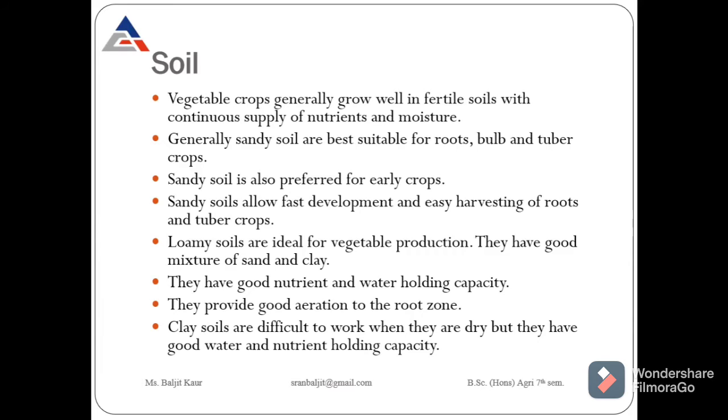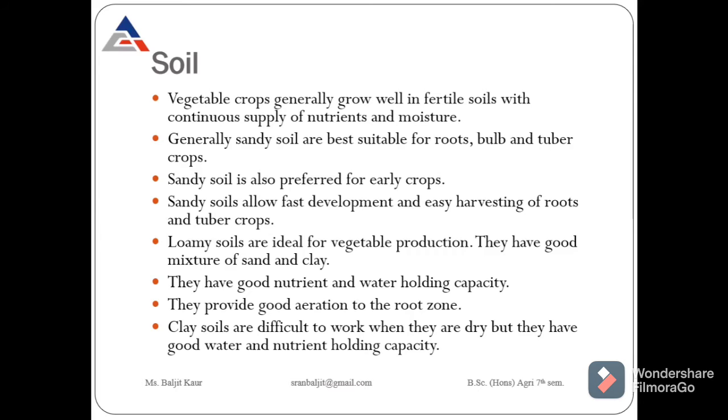Sandy soils are best suitable for the root crops, for bulb crops and for tuber crops. Sandy soils are preferable for the early crops, right? The early crops are mostly grown in the sandy soils. Sandy soils allow fast development and easy harvesting of the roots and tuber crops.